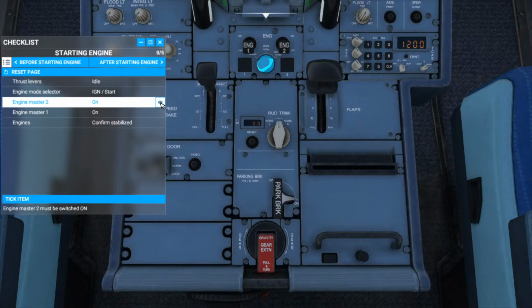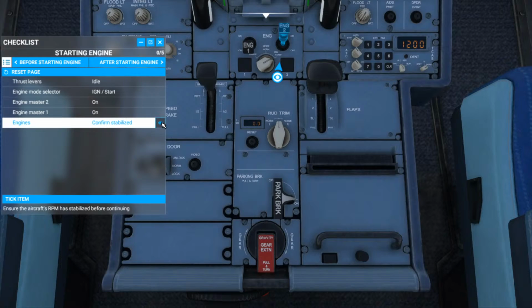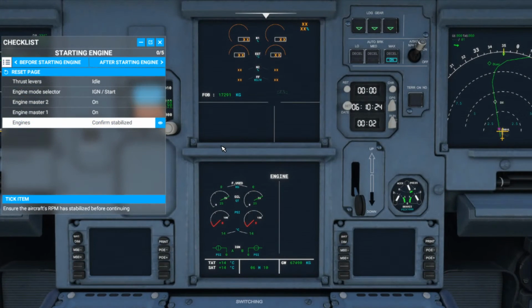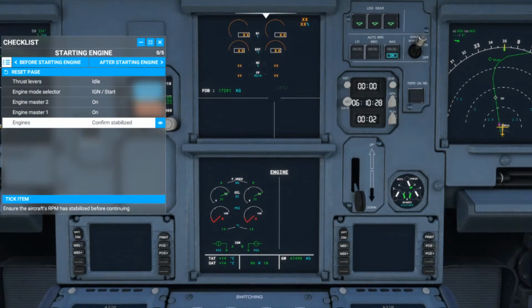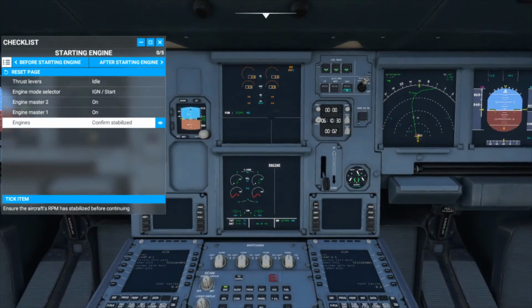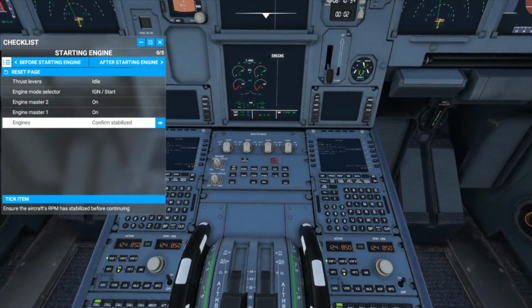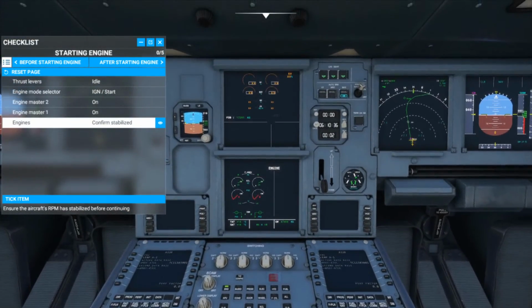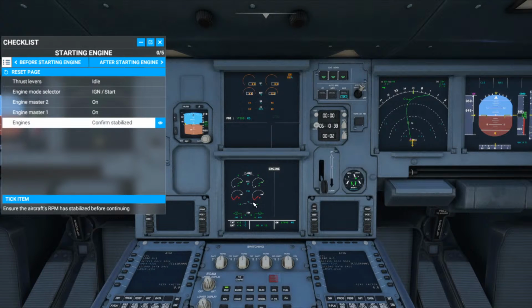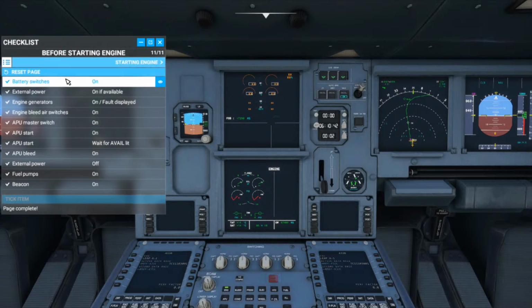And we need to go to engine master and on. And then you confirm it's gonna stabilize. Is this on start? Yeah. Why is this not starting? Did we miss something? No. Yes.